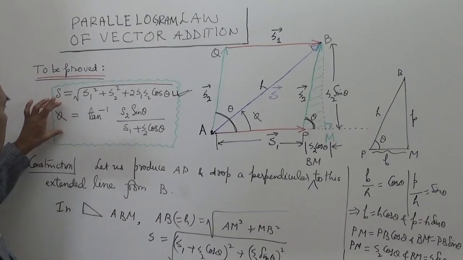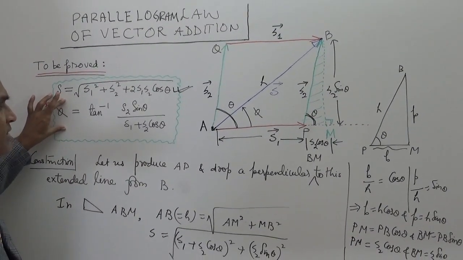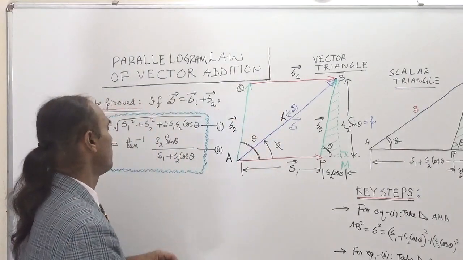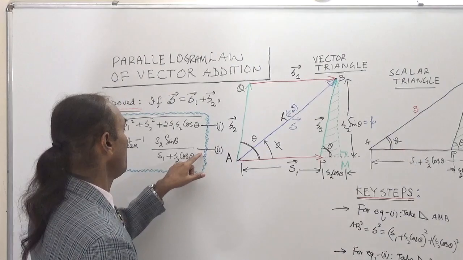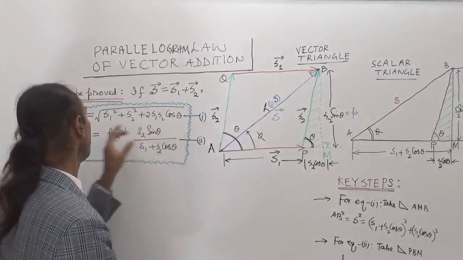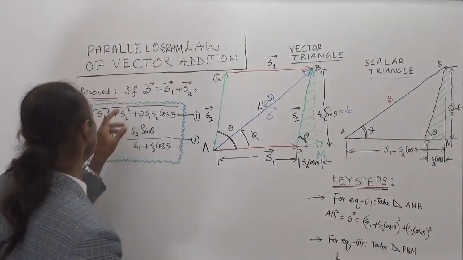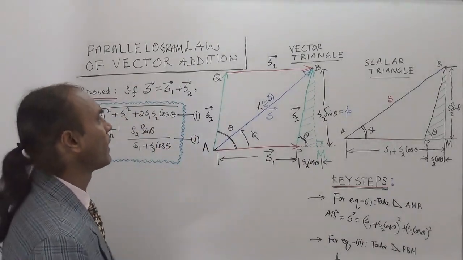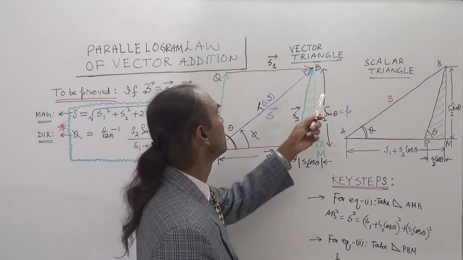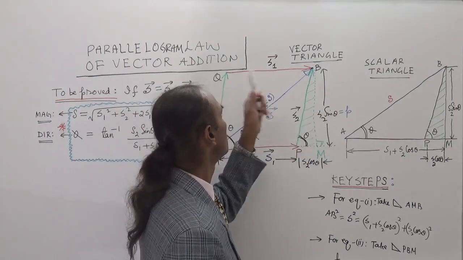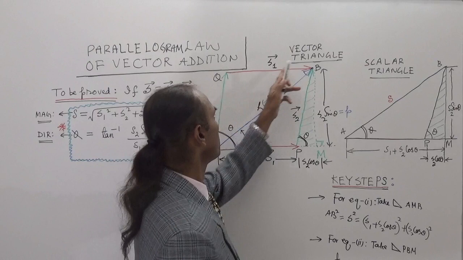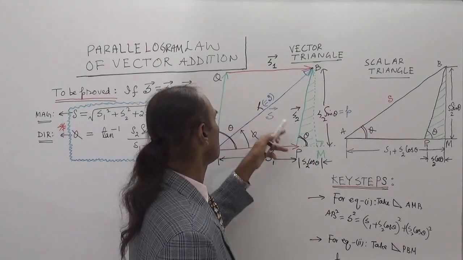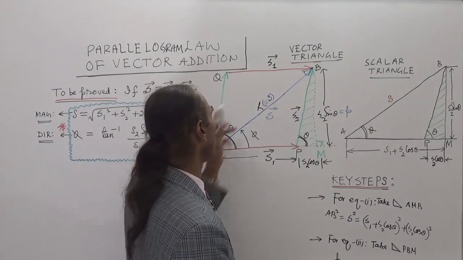Let us now prove the direction of the resultant. Let's now try to prove equation number 2. In equation 1, we have mentioned the magnitude of the resultant. You can note here that this diagram is known as the vector triangle. Two vector triangles means there is a parallelogram.